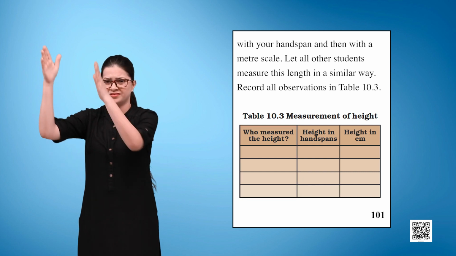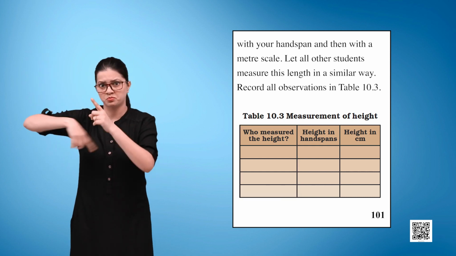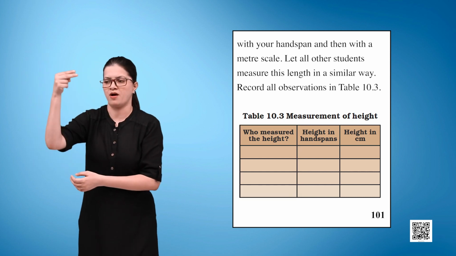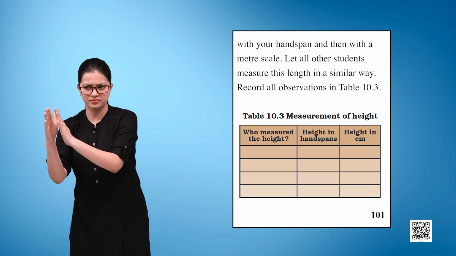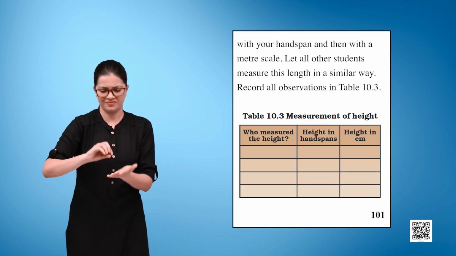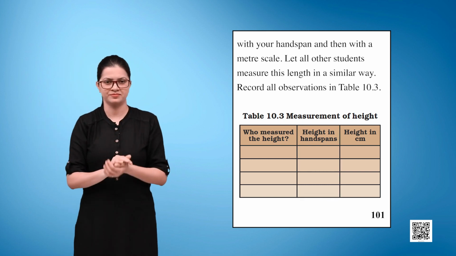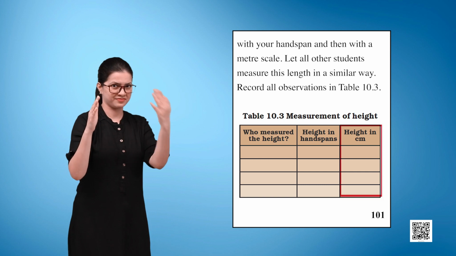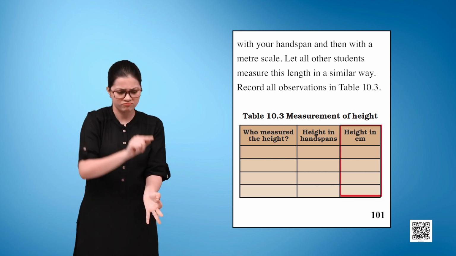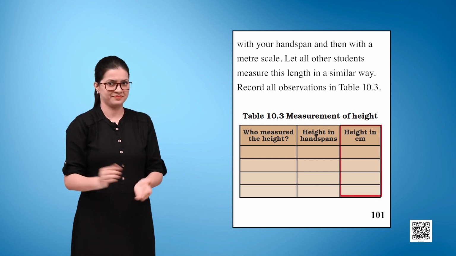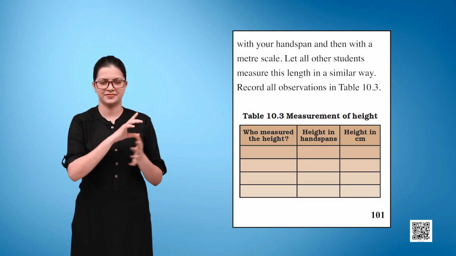One is for who measured the height. Second is for height in handspans. And the third one is for height in centimeter. Now complete this table.